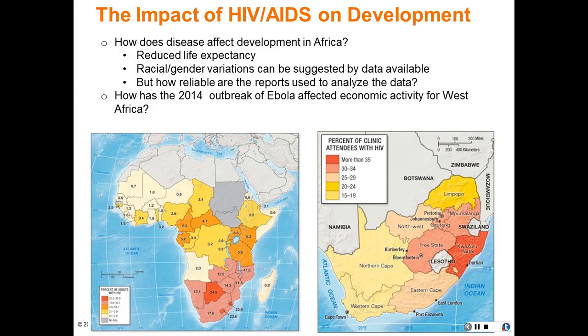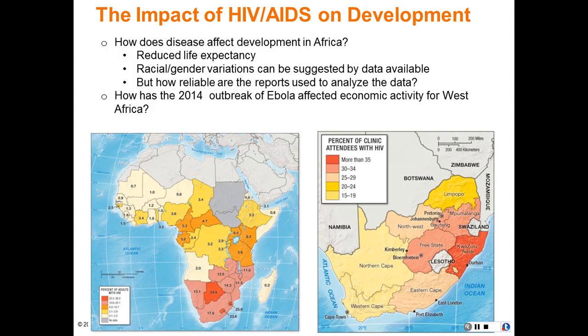But how does this disease affect development in Africa? One of the most noticeable demographic aspects is the reduced life expectancy. Generally, in the regions that have the highest levels of AIDS, we find in analysis of the data that life expectancy has been reduced by as much as 10 years.